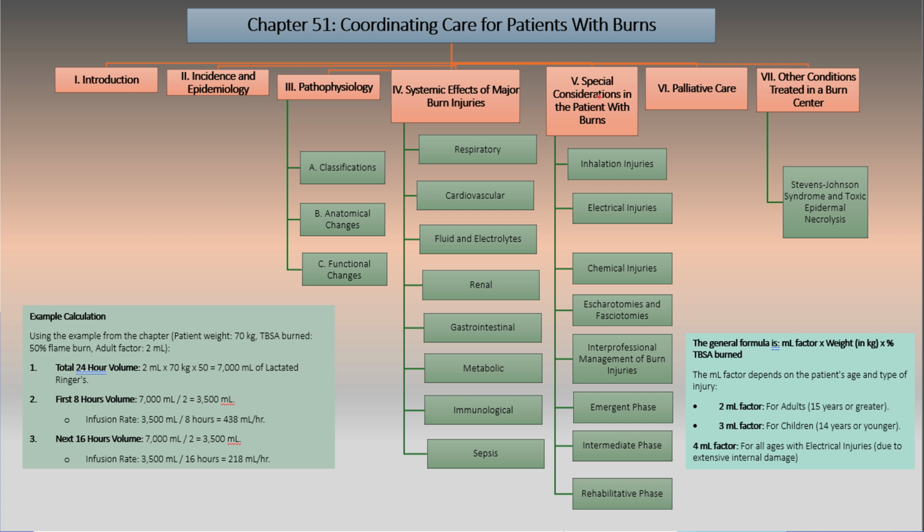Then five, special considerations in the patient with burns. Inhalation injuries, it's like diagnostic, management, carbon monoxide treatment. Electrical injuries, it's contact points, cardiac monitoring, myoglobinuria management. Chemical injuries, immediate irrigation, acid, alkalis, organic compound.